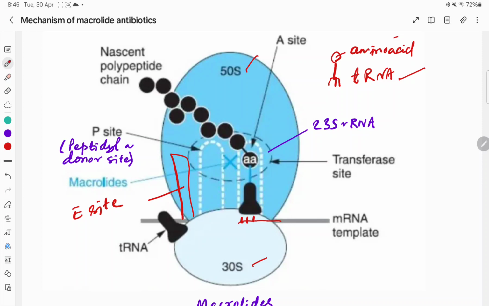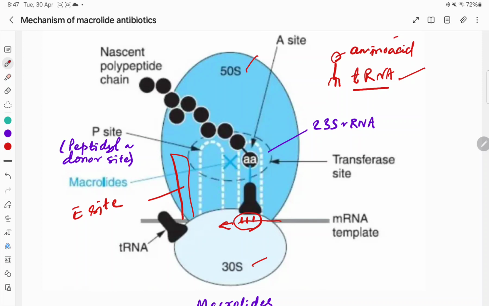These codons are recognized by the anticodon. This codon represents one amino acid, and the tRNA carrying that amino acid has the anticodon for this messenger RNA. So there will be pairing of codon and anticodon, and then it moves to the next one.